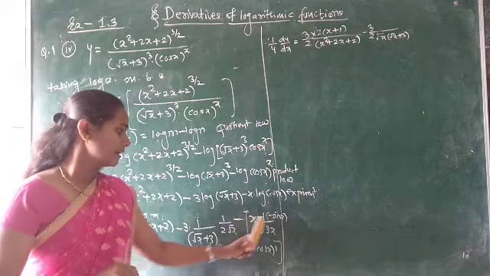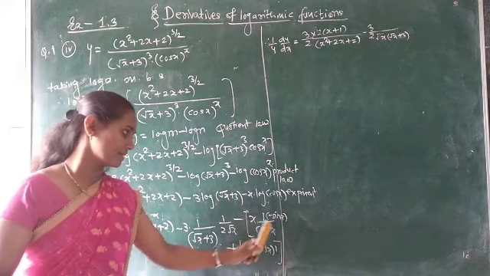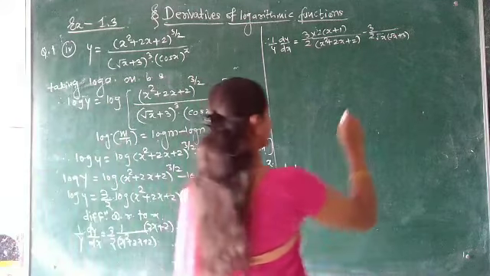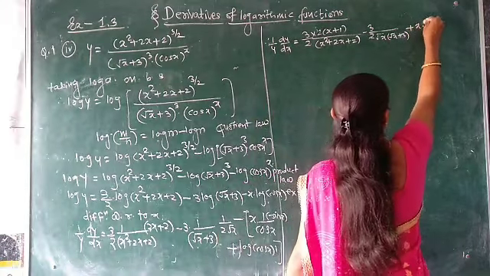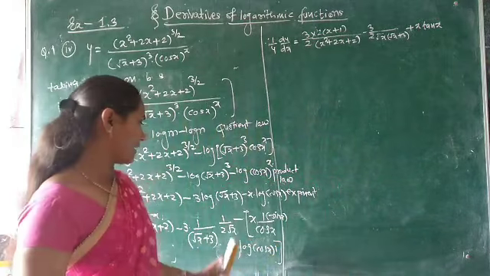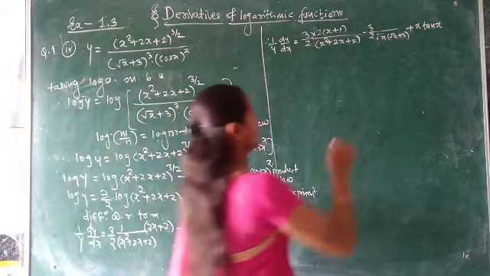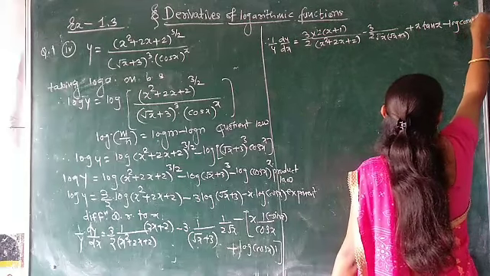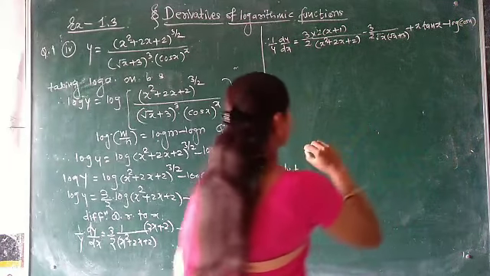Minus, look here, minus minus becomes plus, and sin upon cos is tan, that is plus x into tan x. And plus minus is minus log of cos x.